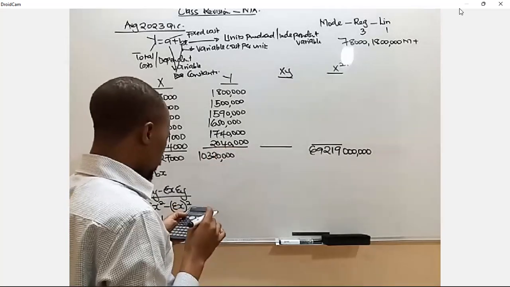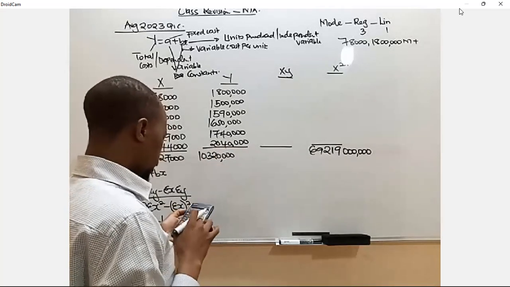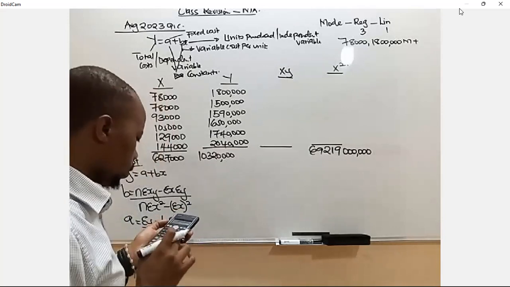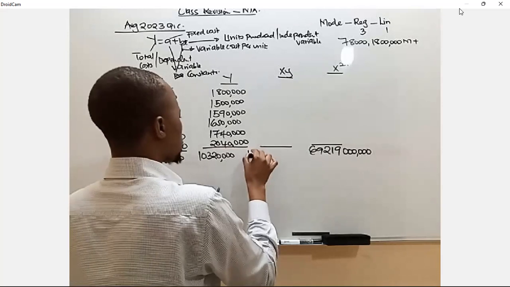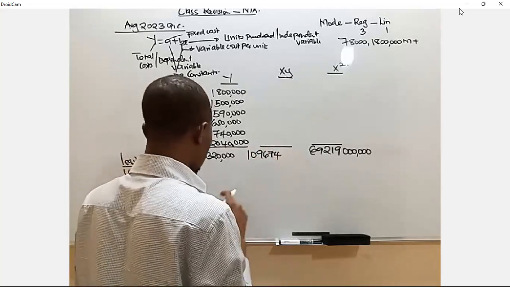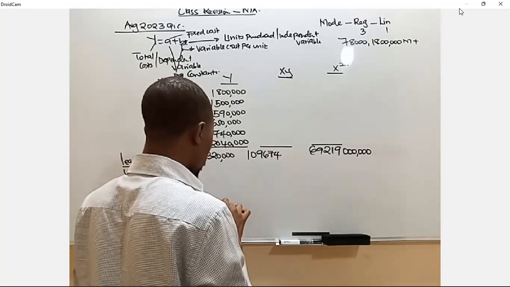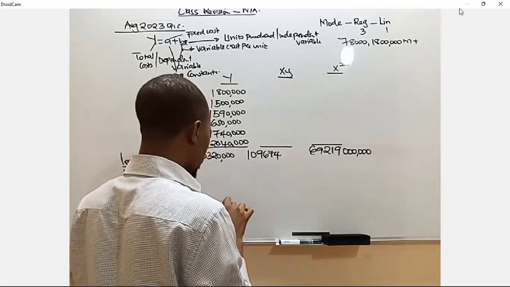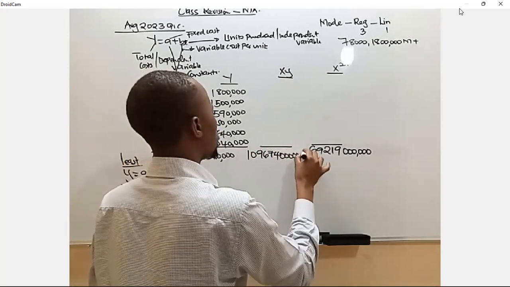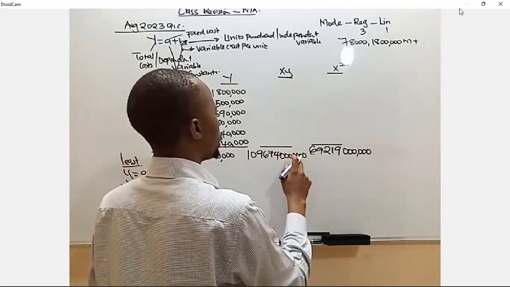Then the last one will be Shift 1, and then the summation of xy, number 3, and equal sign. You're going to be getting something closer to 10, 96, 74. You count the zeros, and then I put 7 zeros: 1, 2, 3, 4, 5, 6, 7.